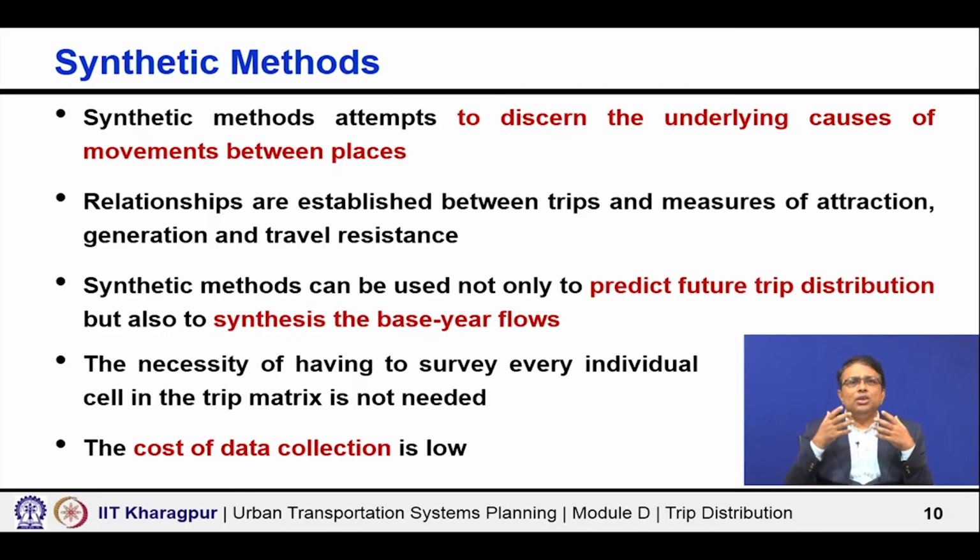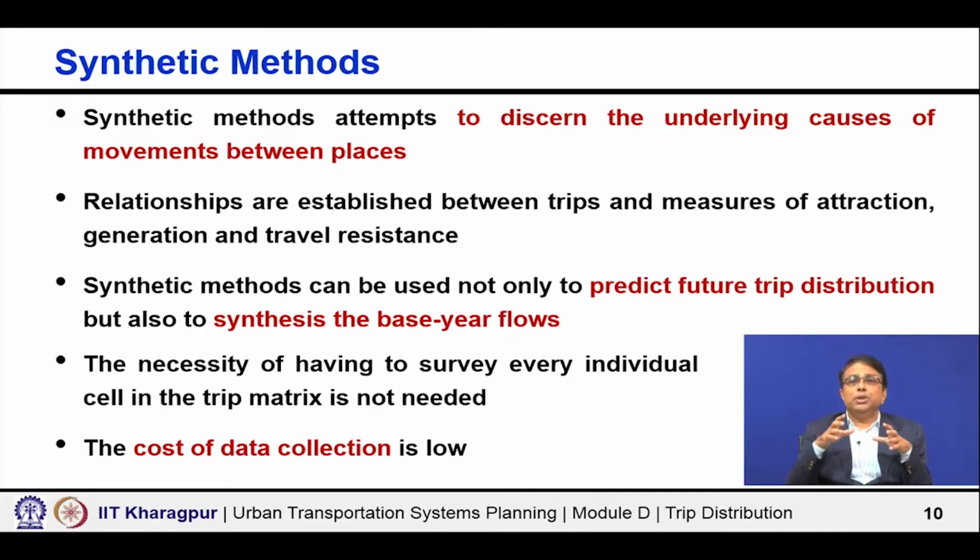Such underlying causes, why more people travel somewhere, why fewer people travel somewhere, why these differences are coming, come because of the level of attraction of the zones where trips are getting attracted. Not every zone has the same level of attraction.